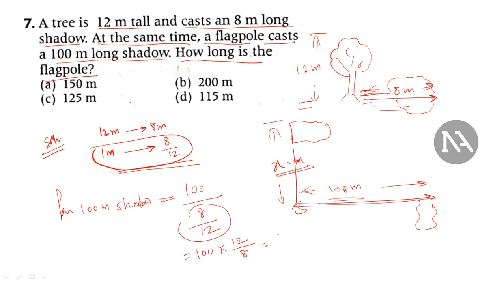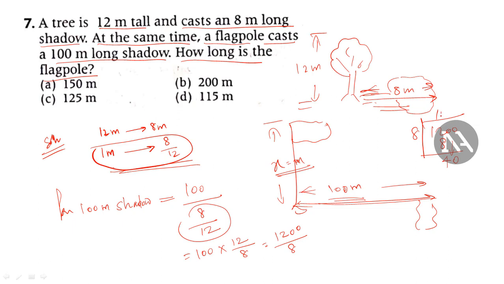So it is 1200 divided by 8. So if you divide this 1200 by 8, 1 8 is 8, remainder is 4. So you can take the 0 here.